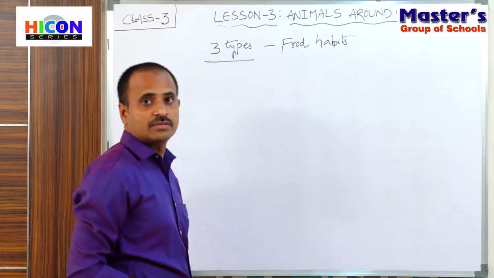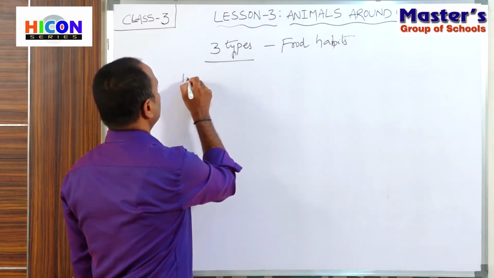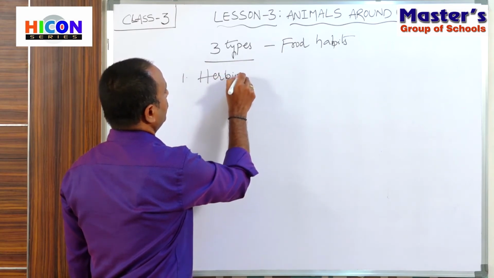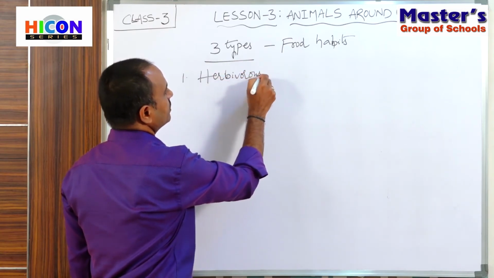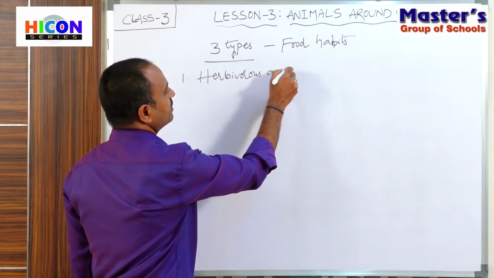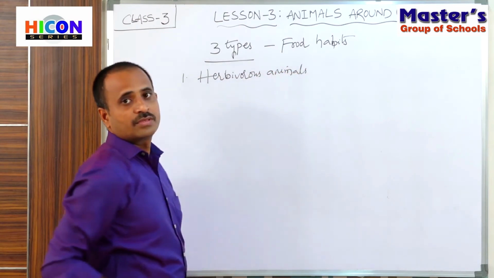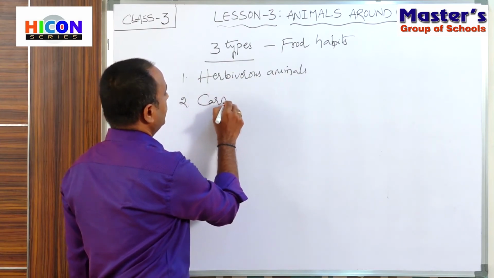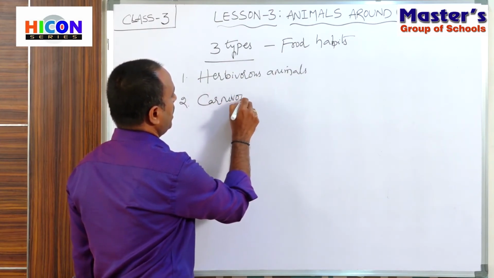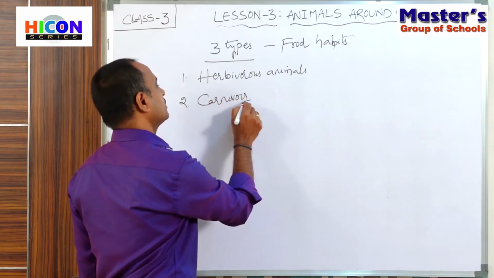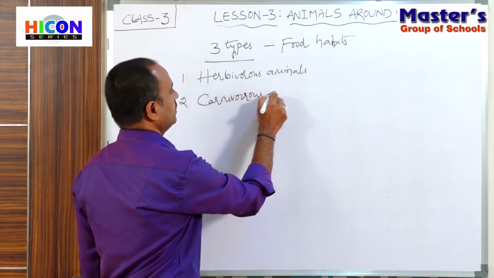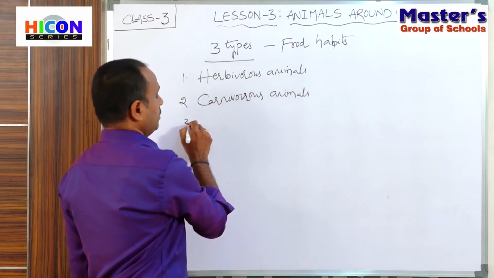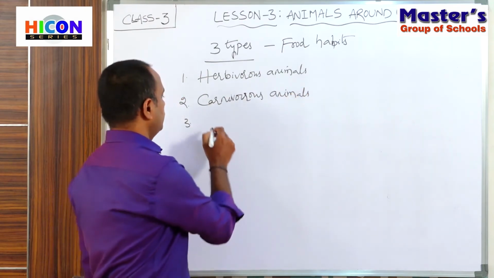What are those? The first one is herbivorous animals. The second type is carnivorous animals. And the third type is omnivorous animals.